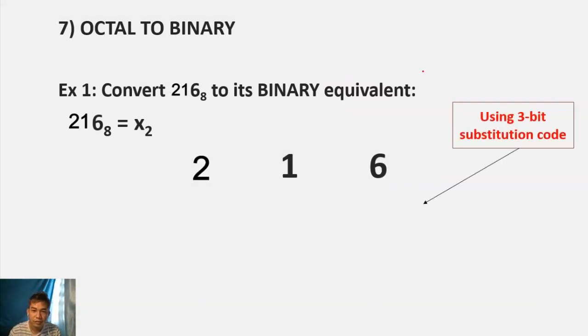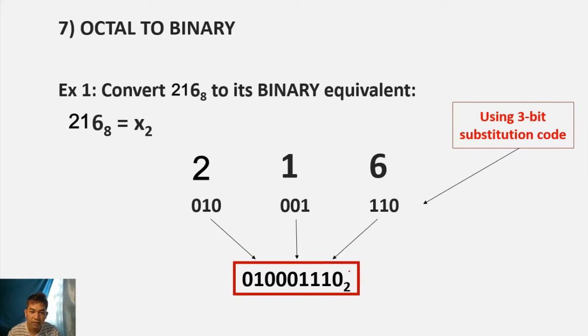So, using the 3-bit substitution code, ang 2 ay equivalent niya is 010. Ang 1 naman is 001. Ang 6 is 110. So, i-merge mo lang yan siya. So, we will have 010, 001, 110.